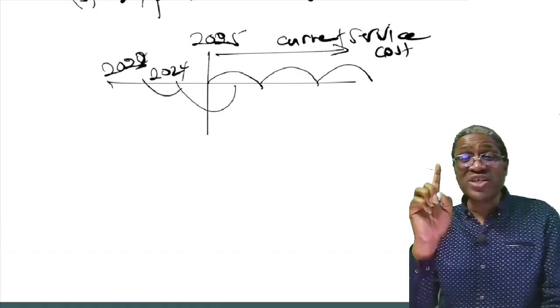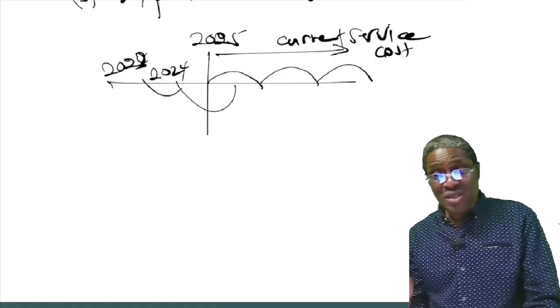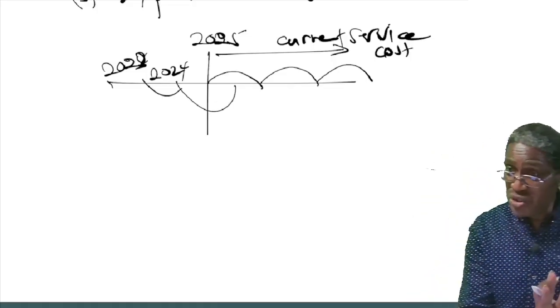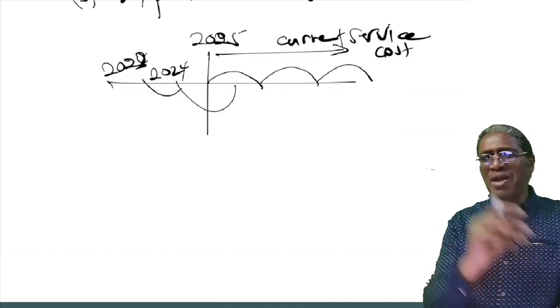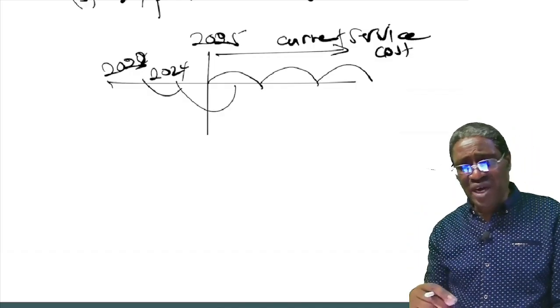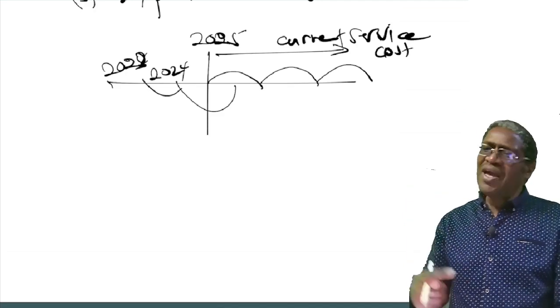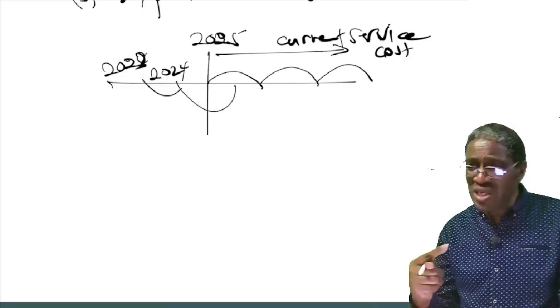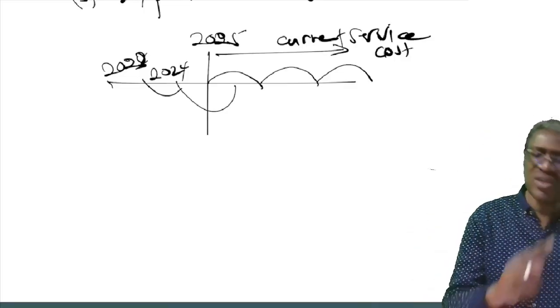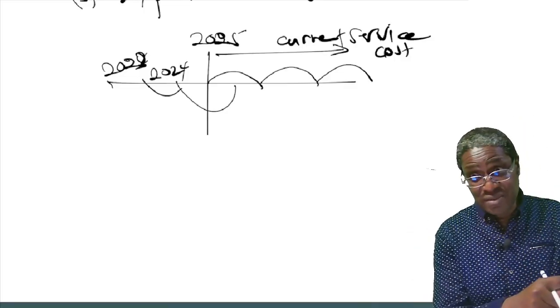You are in the year 2025. In 2023 you did not have a pension scheme. In 2024 you did not have a pension scheme, and the other years. But you decide this year 2025 that as an employer, I also want to make contributions for services rendered to me before the scheme was initiated.